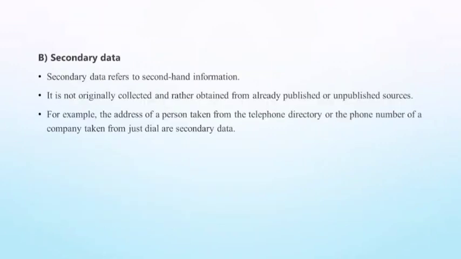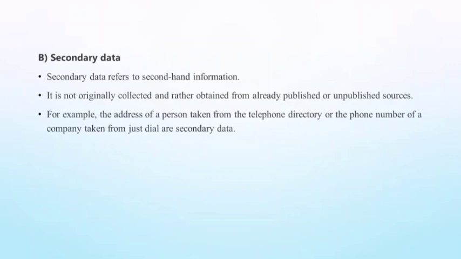Secondary data refers to second-hand information. That data is collected for some other purpose, some other objective. That's not for your objectives. It can be used for your study, but it is primarily done for some other studies. It is not originally collected and rather obtained from already published and unpublished sources.